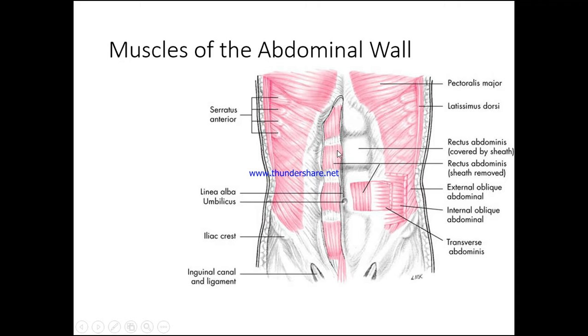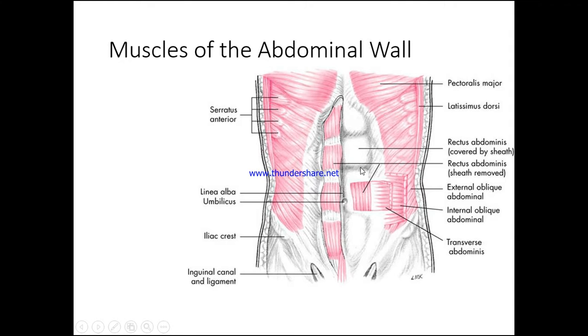You can see the muscle fibres going in this downwards motion. This is the rectus abdominis. Now the rectus abdominis is covered by this rectus sheath, and then in the cadaver, as you dissect through, you can make an incision through this rectus sheath and then retract it medially or laterally, and then see these nice muscle striations going down.